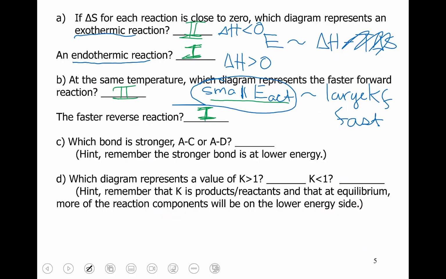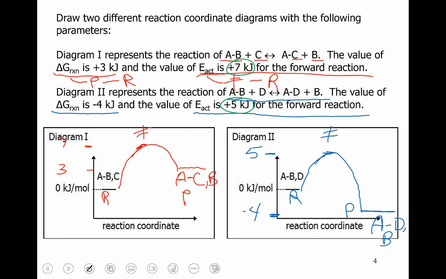Our next question asks, which bond is stronger, A bonded to C or A bonded to D? And we're given a hint. Remember, the stronger bond is at lower energy. So AC on this scale is at 3 kilojoules per mole.